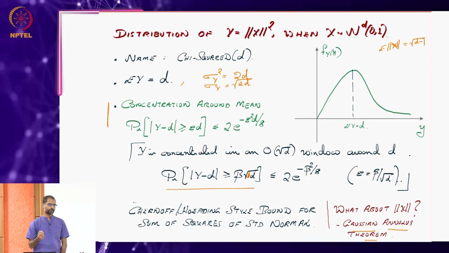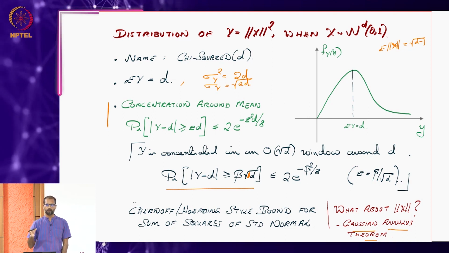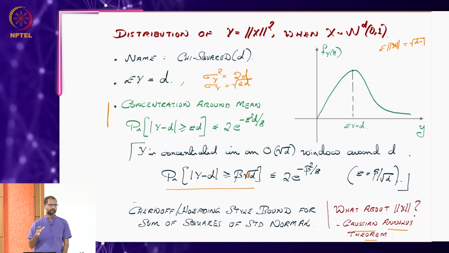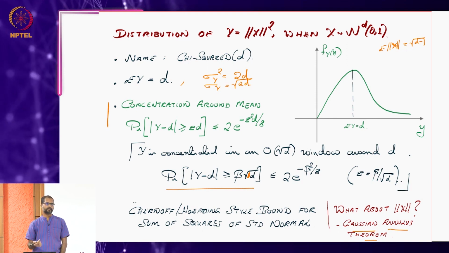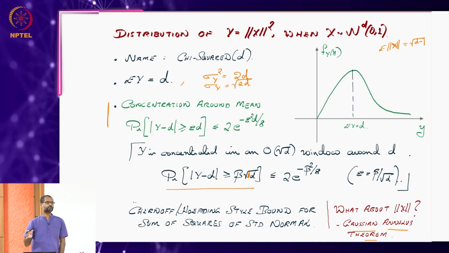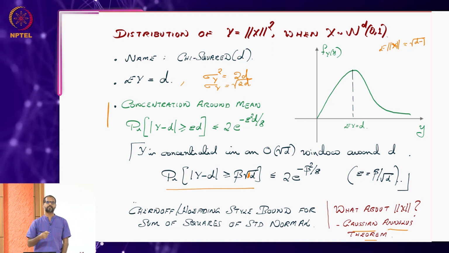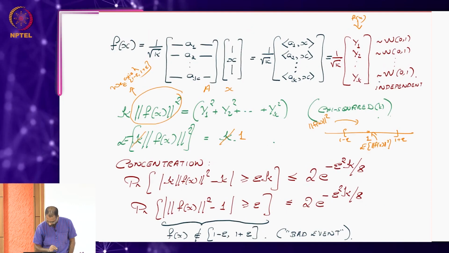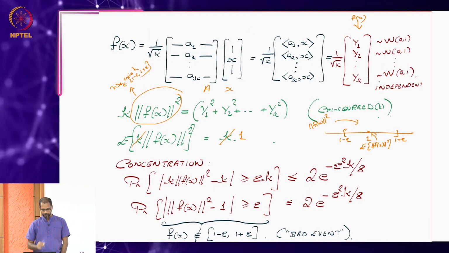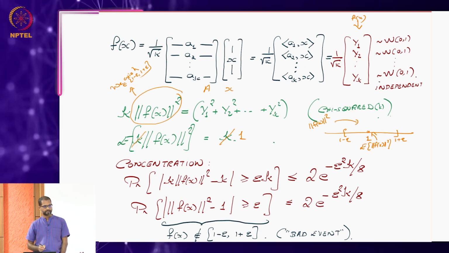Chernoff, you would have probably proved it for a sum of Bernoulli random variables, right? So, this is like a sum of squared Gaussians. So, with the moment generating function, the template of the proof is the same, but the actual substitutions that you do will be different. Okay. So, I am copying that concentration there.